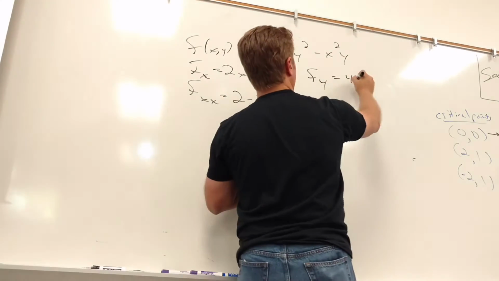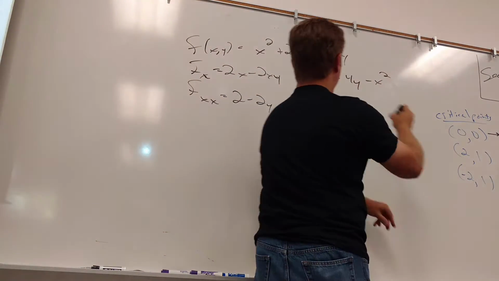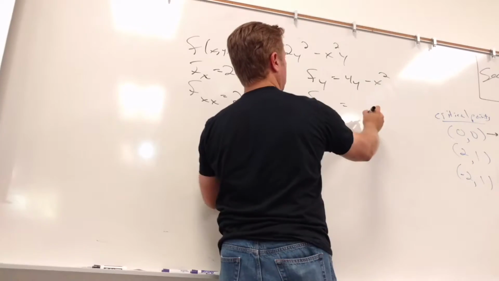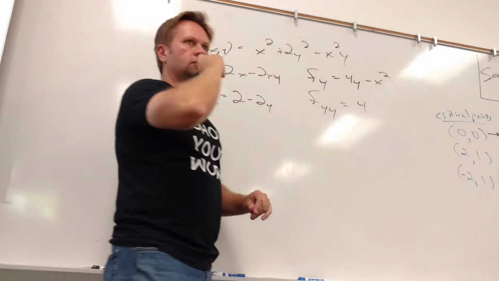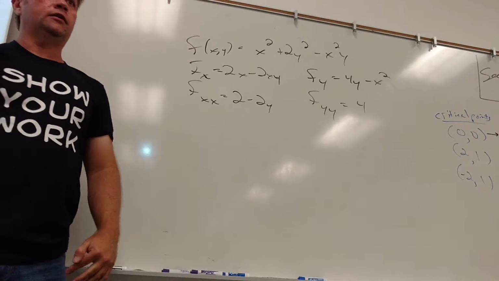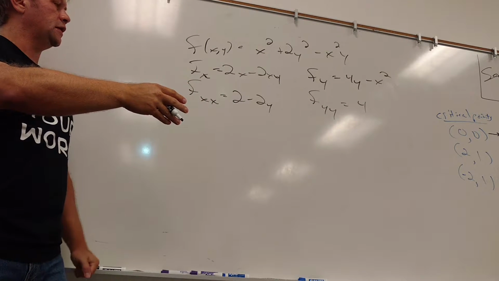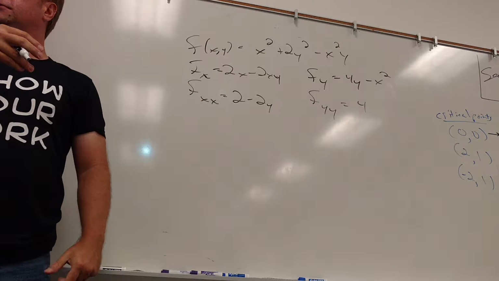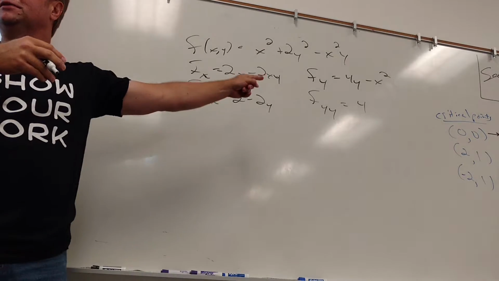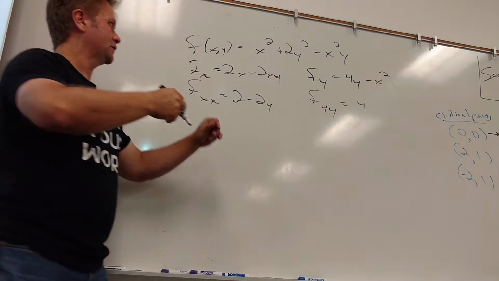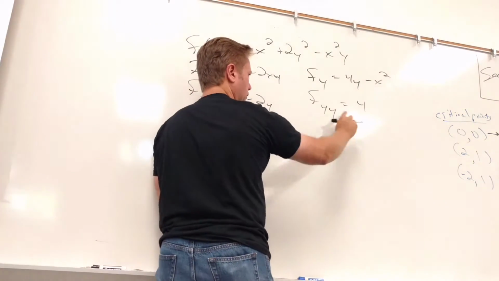Fy was 4y minus x squared. So fyy is 4. Cool. So concavity in the purely y direction seems to always be positive. Okay? But it's concave up somehow always in the purely y direction.